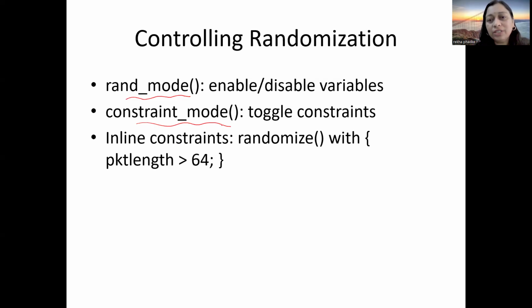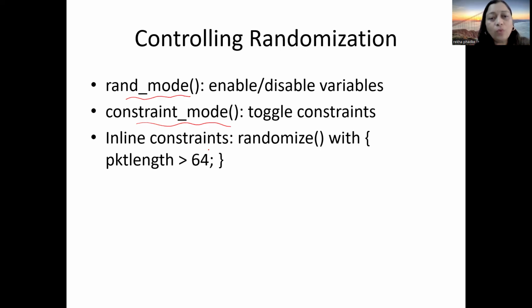Maybe for a certain time you don't want them to have that rand characteristic. You can just turn it off, so that they will never behave like rand. If you want to turn them on again, you can toggle them. And constraint_mode is used to toggle the constraints.